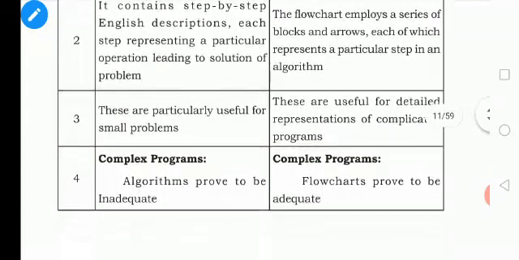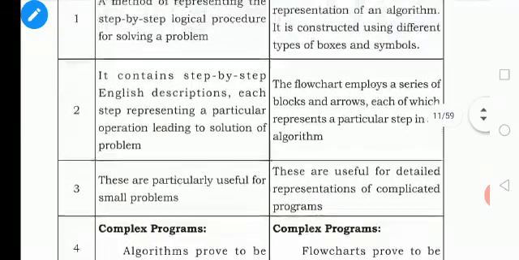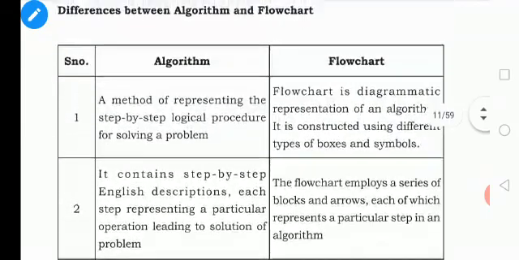For complex programs, the algorithm proved to be inadequate; it is not suitable. For complex programs, flowcharts proved to be adequate, so they are suitable for complex problems. Could you see the differences between the algorithm and flowchart? First, we define what is an algorithm and what is a flowchart.